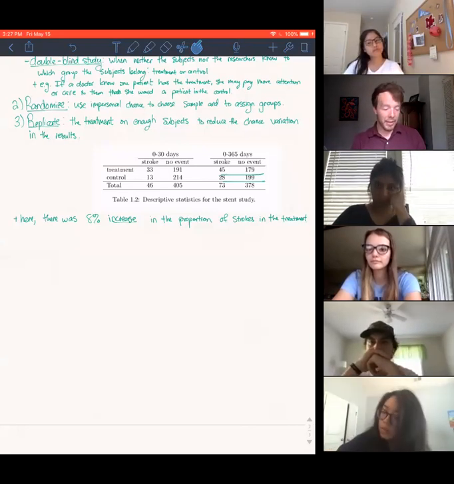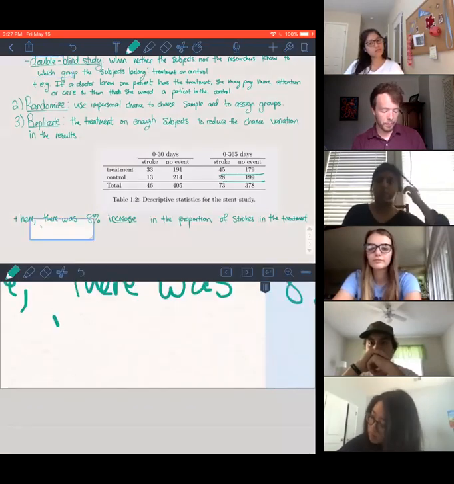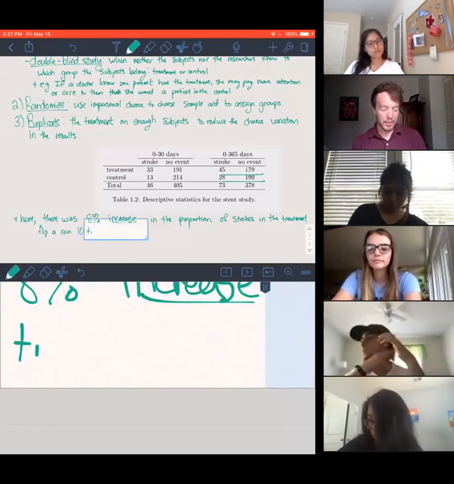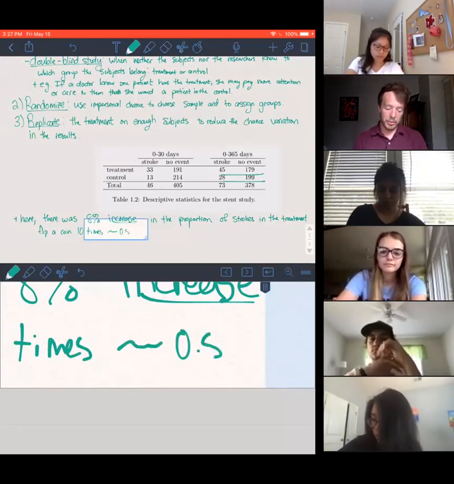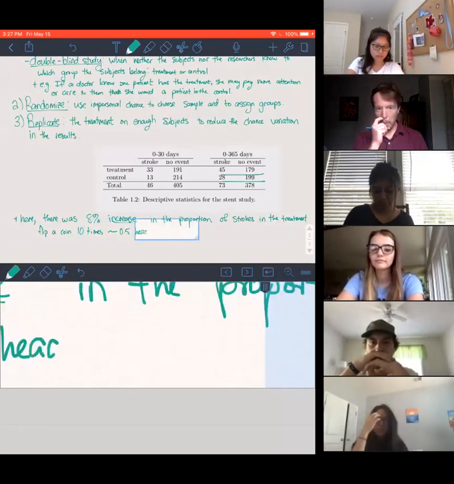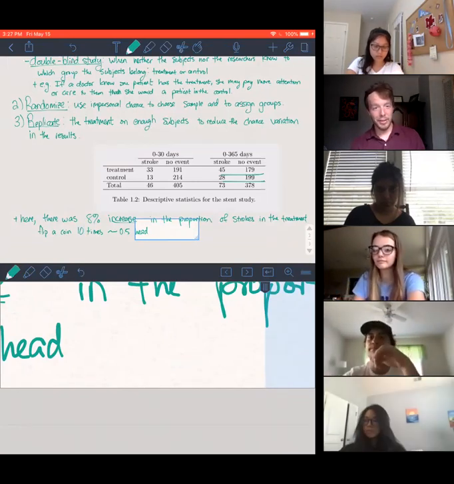And I further gave the example that if you flip a fair coin 10 times, we'd expect some variation in the amount of heads. We'd expect around 5, but we wouldn't necessarily expect it to be exactly 5. It would be completely reasonable to see 7 out of 10 or 4 out of 10, right?